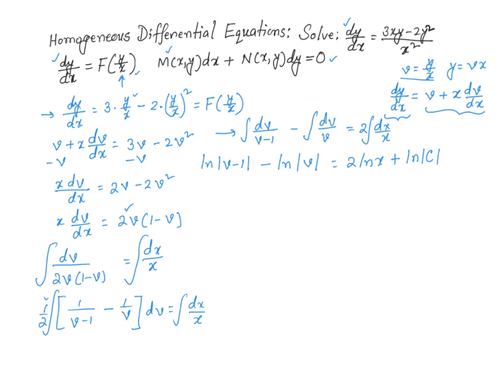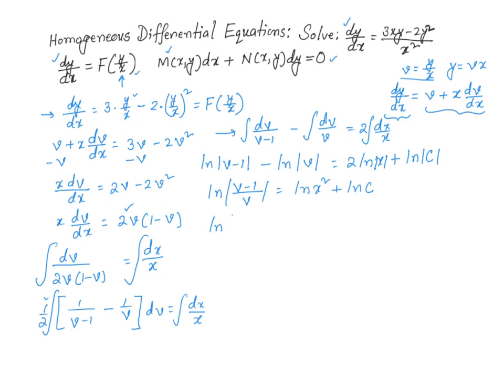So on the left hand side I will have ln of the absolute value of (v minus 1) divided by v, and on the right hand side I'm going to have ln of x squared plus ln of c.